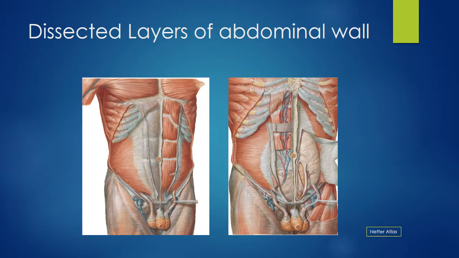The inferior epigastric artery is a content of the rectus sheath. It is shown here, and over here is the cut edge of the internal oblique and the transversus abdominis muscle going there. The lower end, this is the area of interest for us, and that is the inguinal canal.